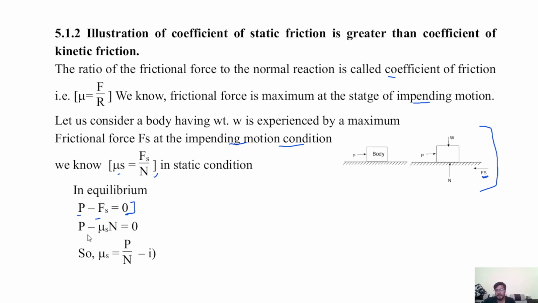So P is equal to mu s into N, because Fs is equal to mu s into N. Here mu s is equal to applied force P divided by N, means mu s is equal to P by N.